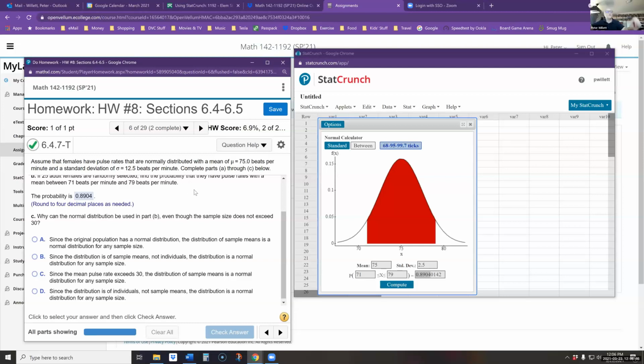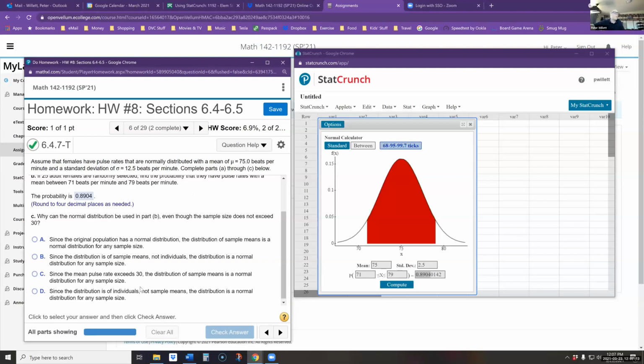Exactly. So you want to be keyed into this because if you have small sample sizes, then you need to look for the requirement of being understood that the population values are normally distributed. But once you get a sample size over 30, you don't have to worry about that. And that's why sample sizes over 30 are a great starting point for any statistical work.